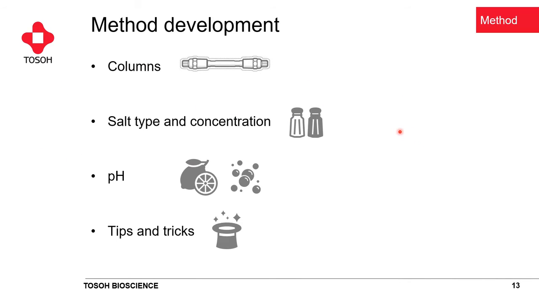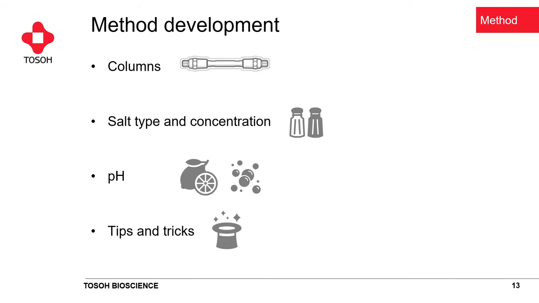Then the salt type and the concentration is a very important factor that we can use to fine-tune our method. pH is not often used to fine-tune, but it does have an impact on how the elution looks. And at the very end, I would just like to share some tricks with you that hopefully make it easier to get started with hydrophobic interaction chromatography.